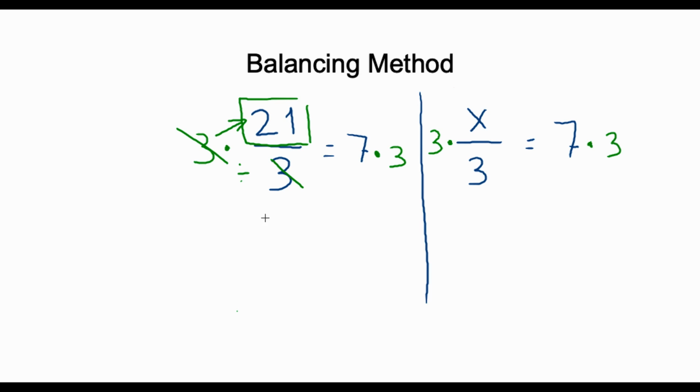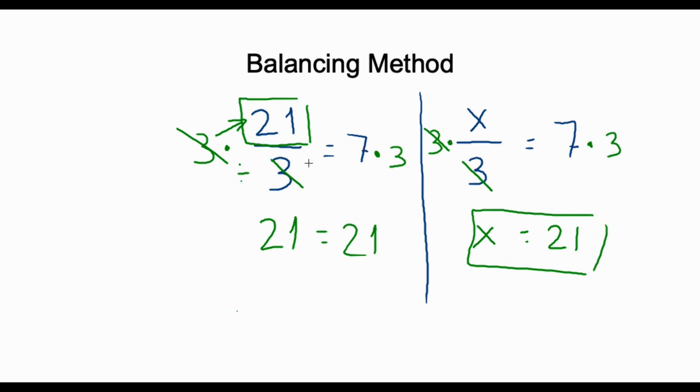So you're left with just the 21 alone, equal to 7 times 3, which is 21. On this equation, the same thing happens. The 3 that's multiplying cancels with the 3 that's dividing, so you can cross them out, leaving you with the x here equal to, well, 7 times 3, which gives us 21.